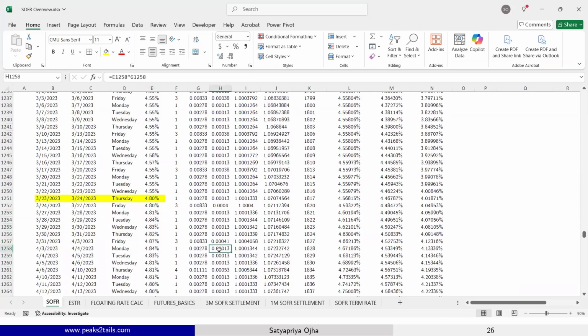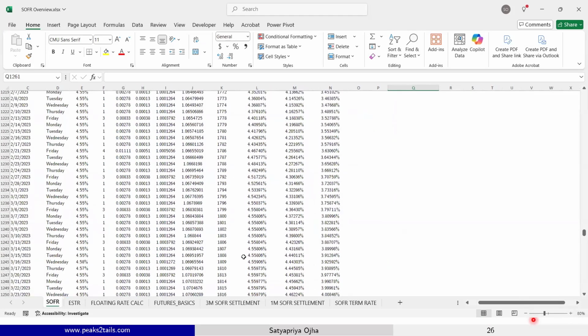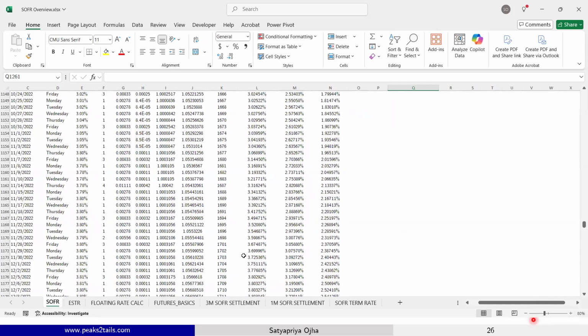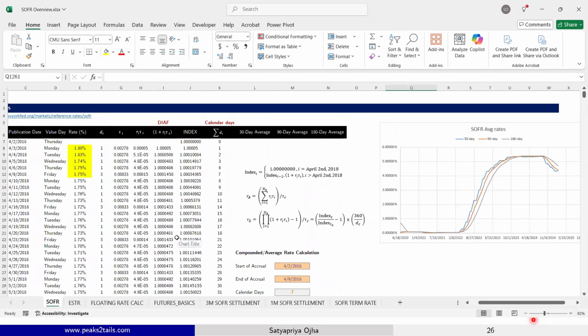So from a modeling perspective, this is important, guys. You can infer the rates that are inferred by the SOFR futures. It's very simple. But how do I predict the forward rates day by day? Like what will be the rate, say, after 1 month?